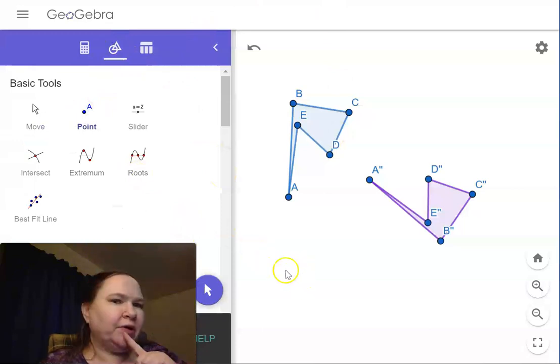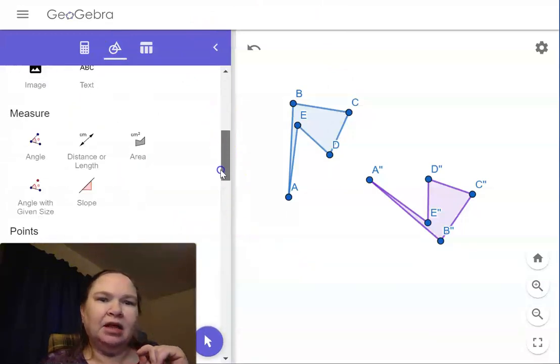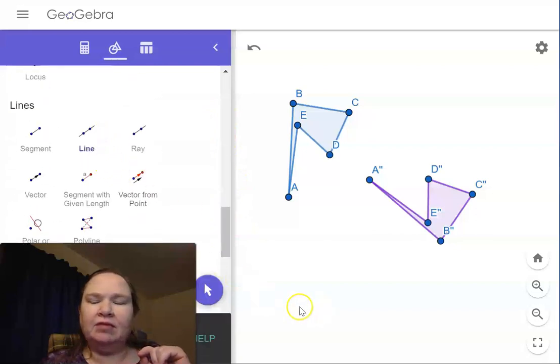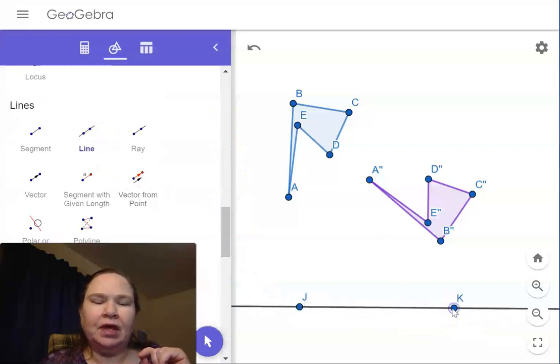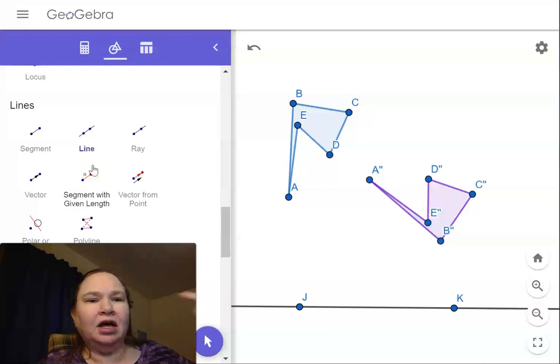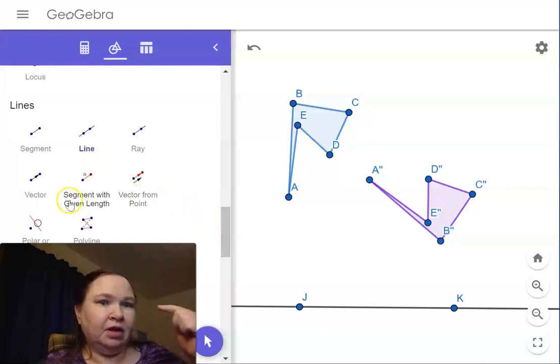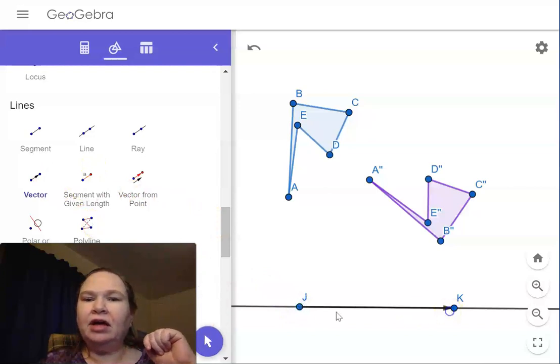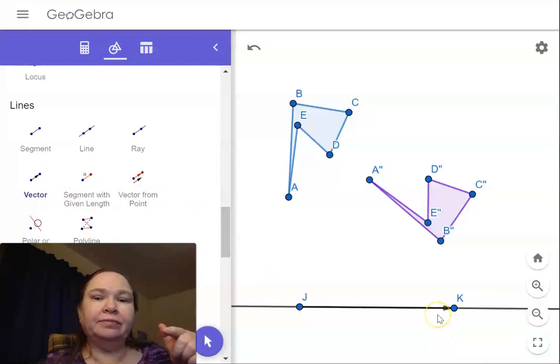So I'm going to put a glide reflection on here for us to think about. It's going to have a reflection line, and it's going to have a glide arrow, a glide vector, and the vector is going to lie in the reflection line.